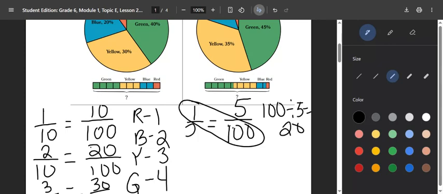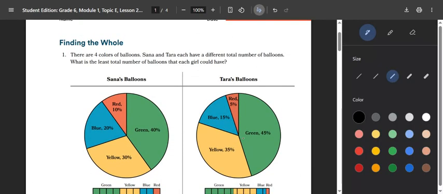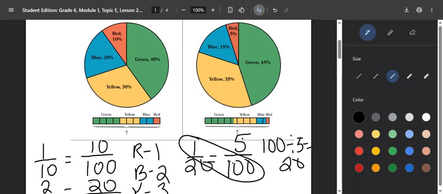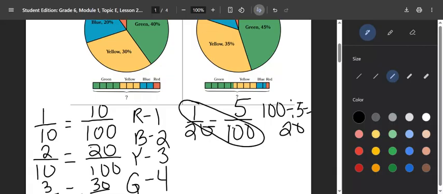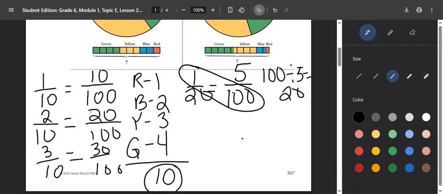So that means 1 out of 20 would be 5%. So then let's check the rest. That would mean that she would have 1 red balloon.